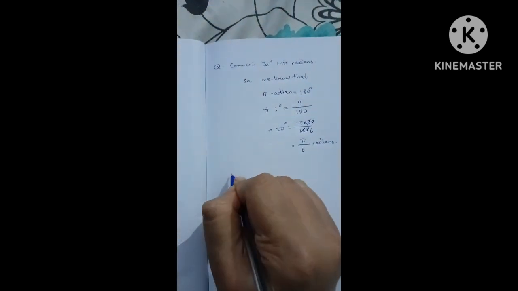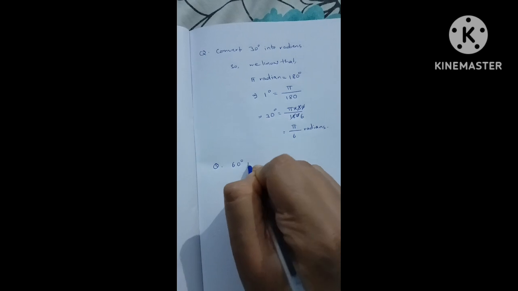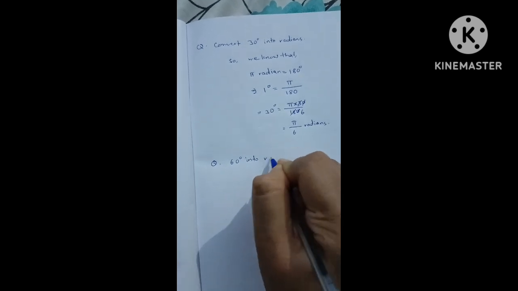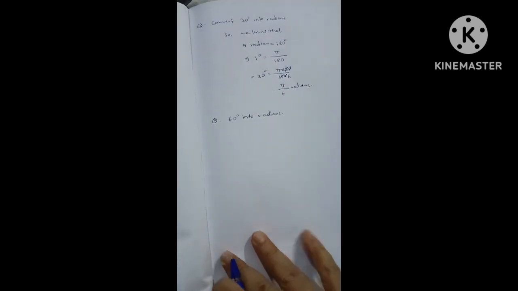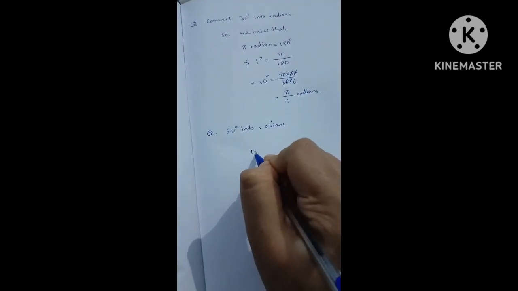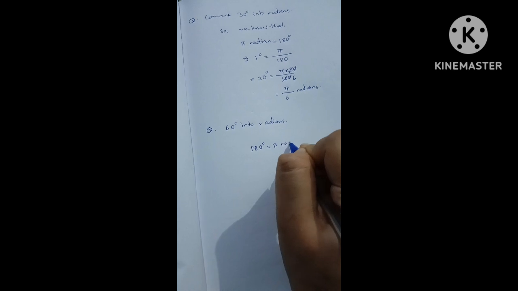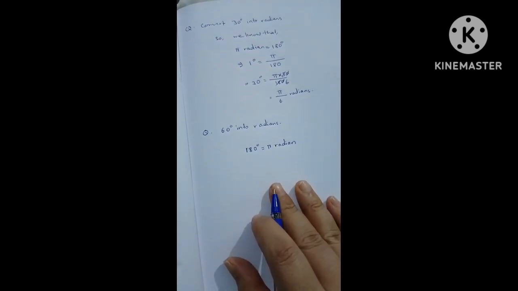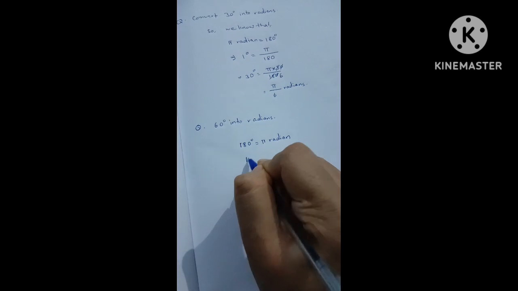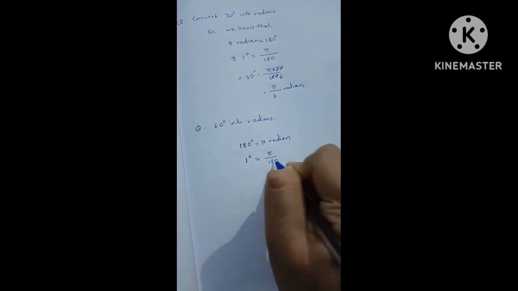Now suppose we want to convert 60 degrees into radians. We know that 180 degree equals pi radian. So 1 degree will be pi upon 180 radians.